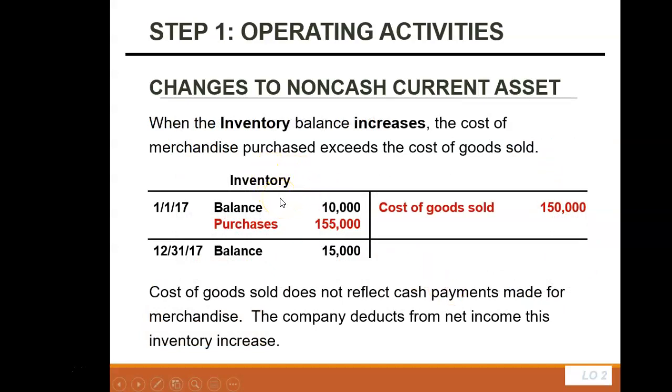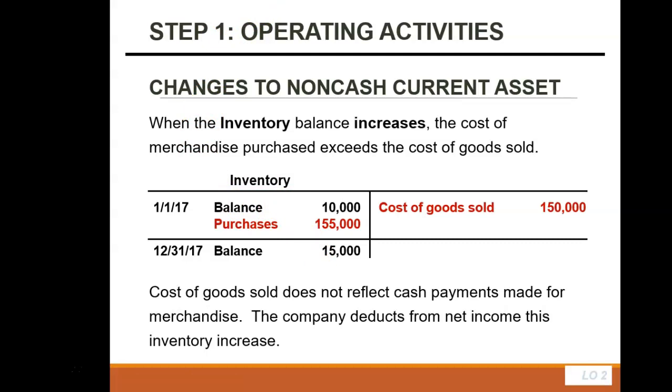We'll then look at inventory, which is another non-cash current asset. The beginning balance was $10,000. The ending balance was $15,000, which means that the inventory account increased by $5,000 from the beginning of the accounting period until the end of the accounting period.